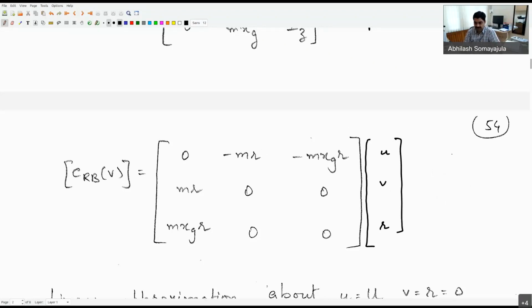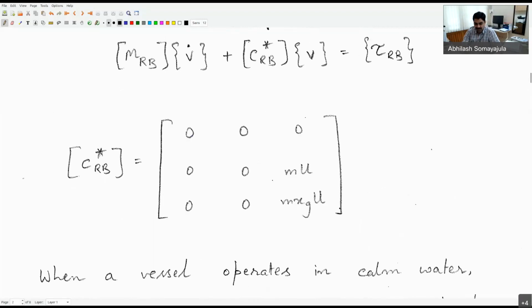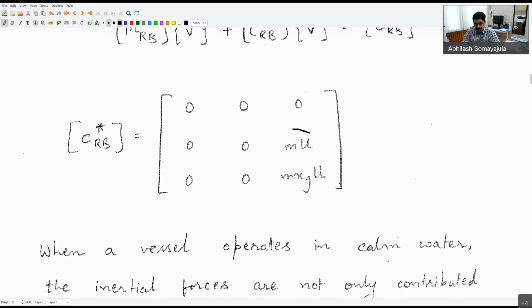So because we are operating about the point U equal to capital U plus delta U, V is equal to delta V, and R is equal to delta R. So delta R times delta V will be small. Similarly, in this case, delta R square will also be small. So what will be left really is these two terms. So this term is M times U times R. So that is what will be left here, MU.